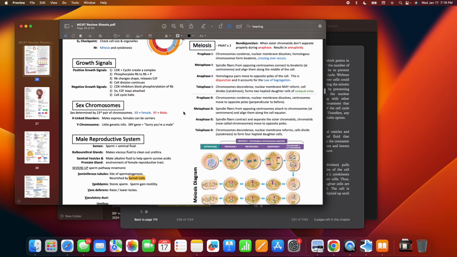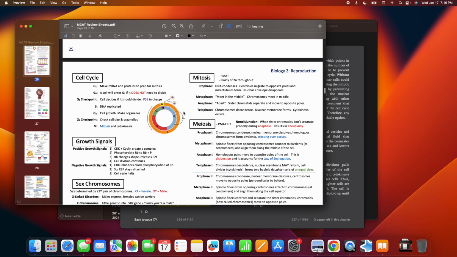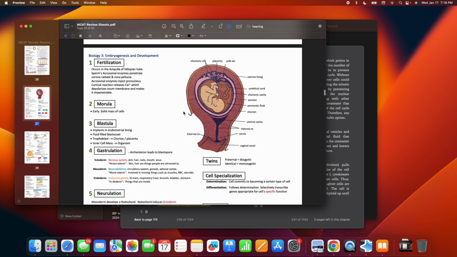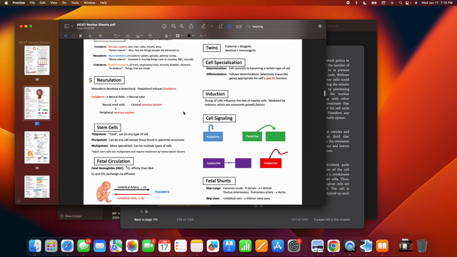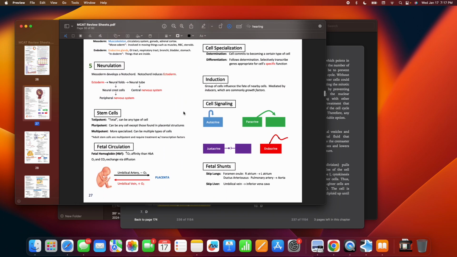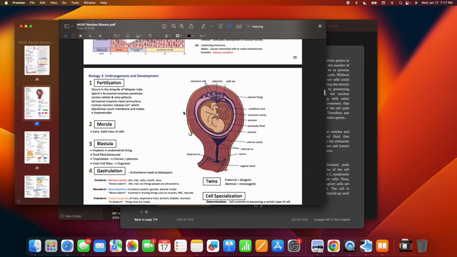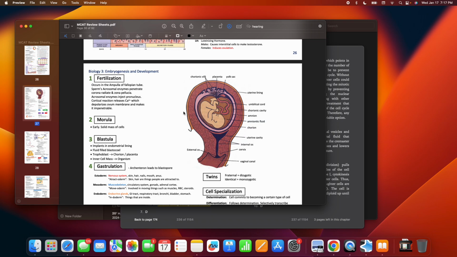Yeah, we don't have the stuff. Oh, here it is. So we have all these things on chapter 3. Okay, cool. So chapter 3 is basically embryogenesis and development.